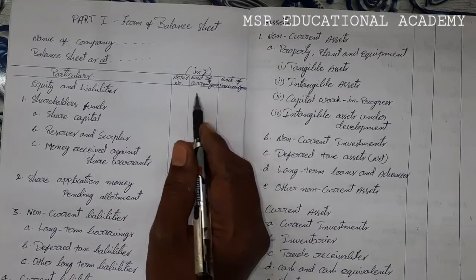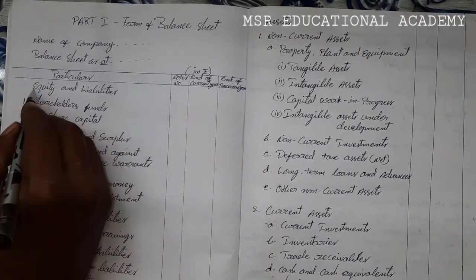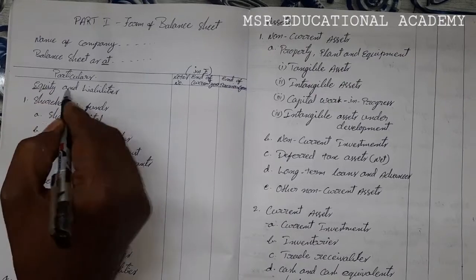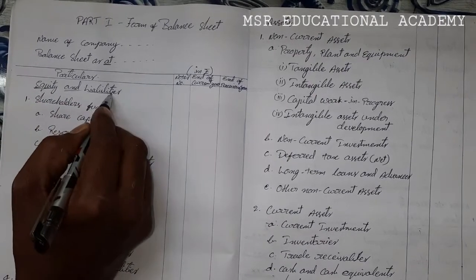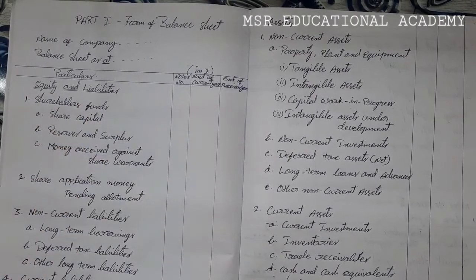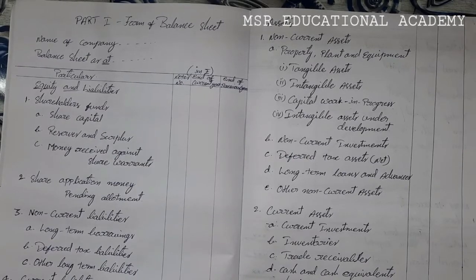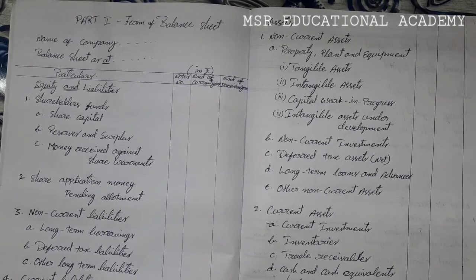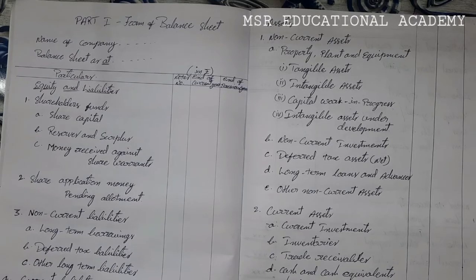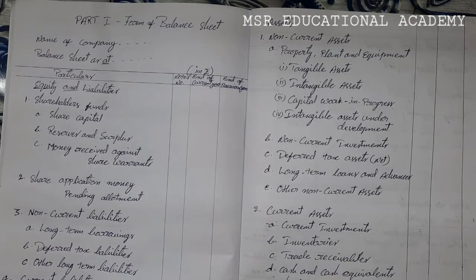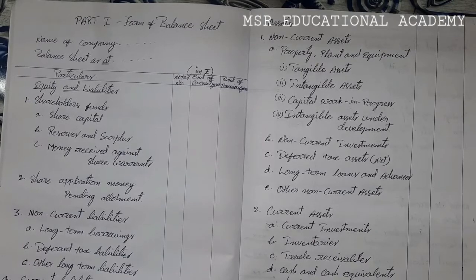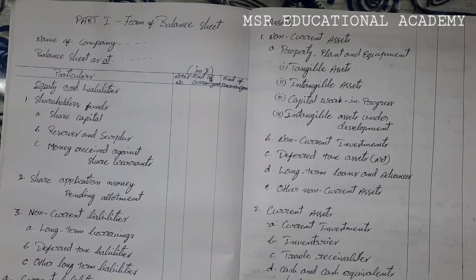Under this format, first one is equity and liabilities. All the equity and liabilities we should write first of all. Under equity and liabilities there is a prescribed format and prescribed headings, so we should use only these headings. Except these, we should not write anything in the balance sheet.